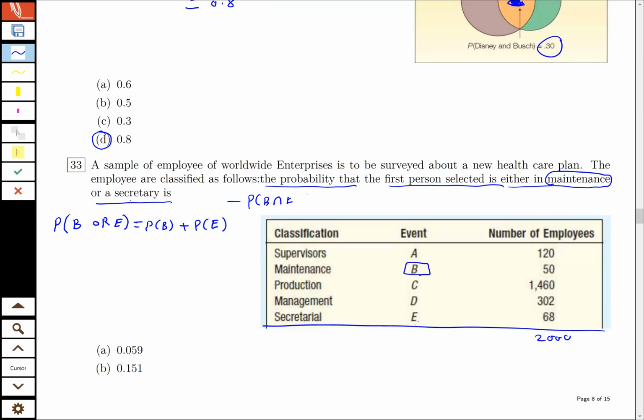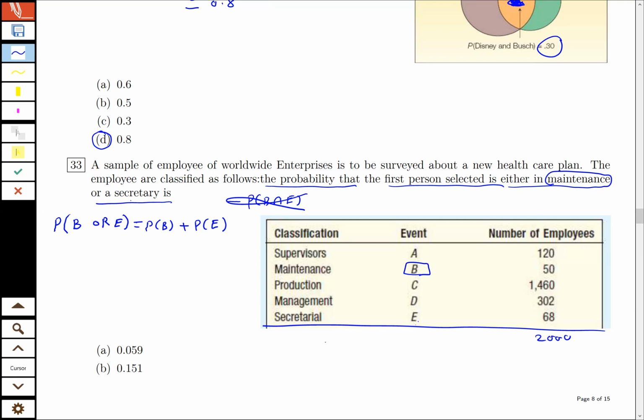We don't have this. There will be no guy who is working in maintenance and secretary. Maintenance is one job, secretary is another job, so there is no intersection between them.